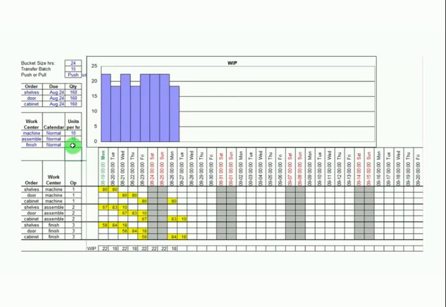I'm still pushing. And if orders are late and I pull, definitely I'm going to get an infeasible solution. But my inventories have gone down. So the location of the constraint is deciding whether the push way of planning or the pull way of planning is going to be more efficient.